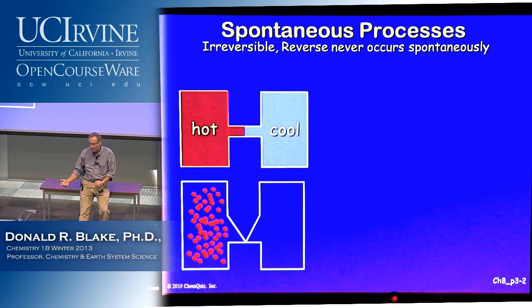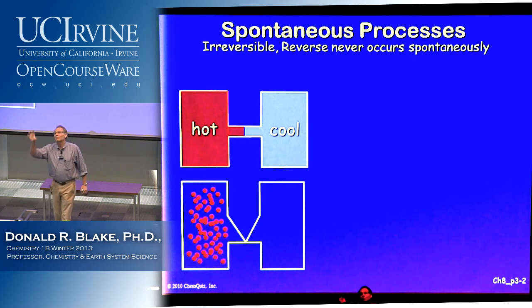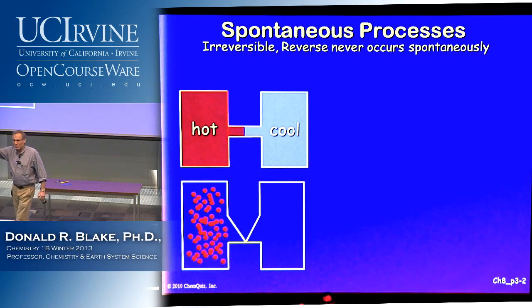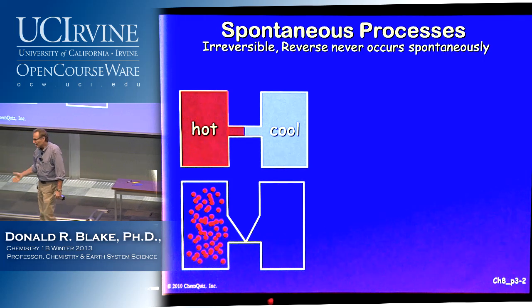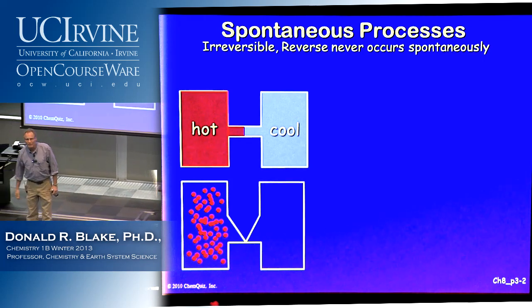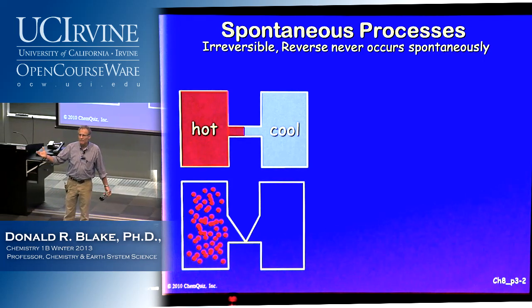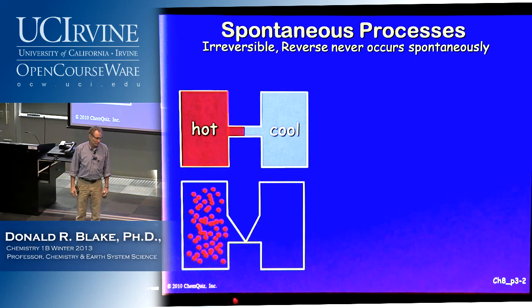That's irreversible. I need to pick up the ball and take it back up in order to make it work. It'll come this way, it won't go that way. That I can see as spontaneous, but several of you have asked me, well, how do we know if it's spontaneous? And I will say sometimes I'm not quite sure, okay?